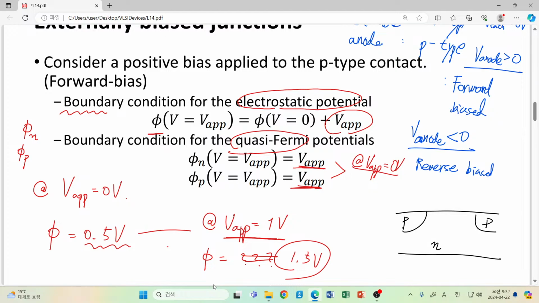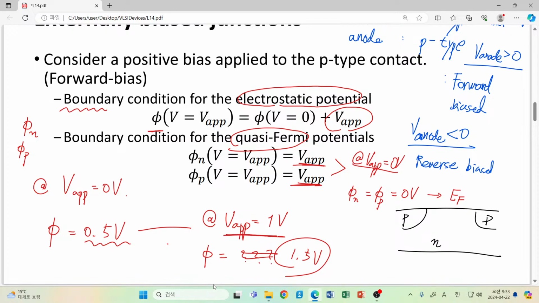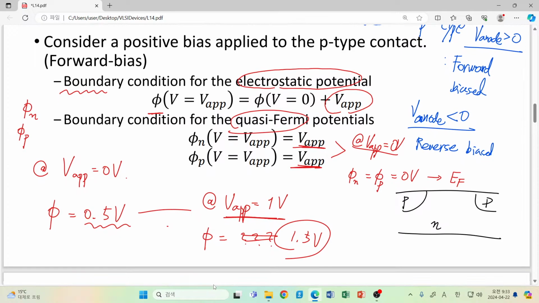It means that if you apply 0 volt, then your electron quasi-Fermi potential and hole quasi-Fermi potential become just 0 volt, and it corresponds to the Fermi level. Simply speaking, if you apply 0 volt everywhere, then your quasi-Fermi potential becomes just the Fermi potential at equilibrium. So it is consistent with our previous definition of a Fermi level.